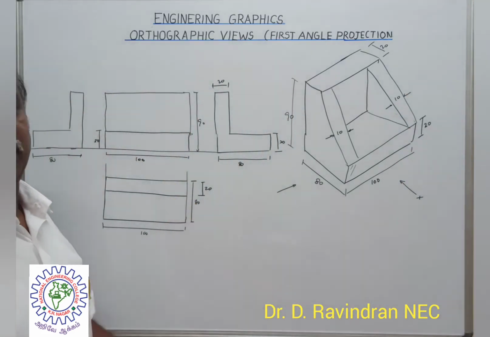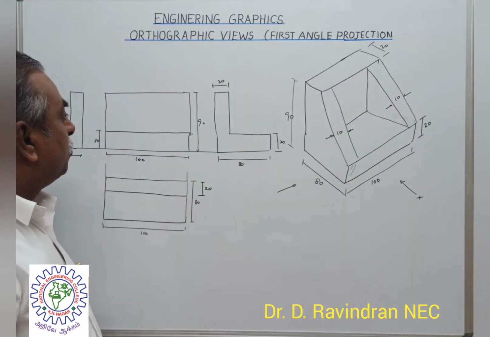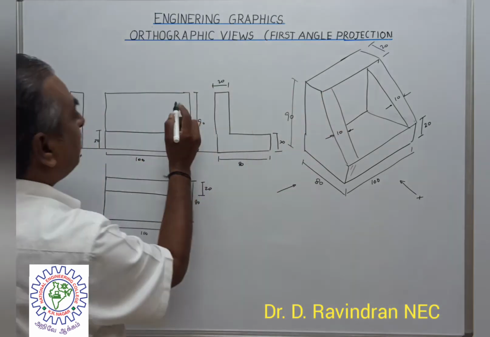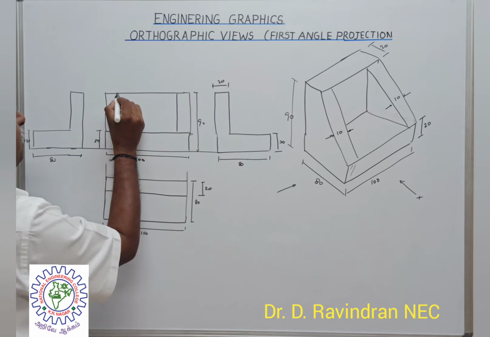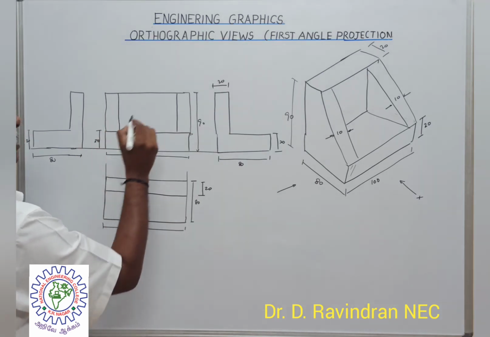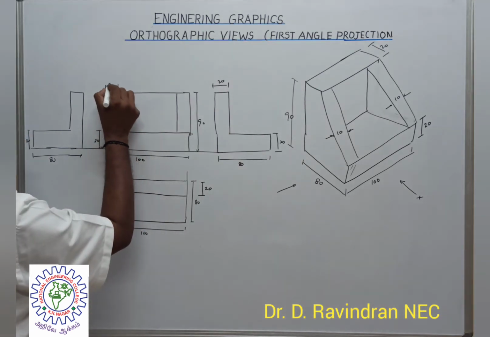How will this get modified? In the front view, for this 10 mm thickness, you can see the strip like this, and then from this side it is another strip like this, which is of 10 mm.